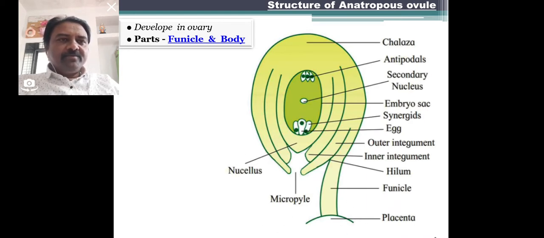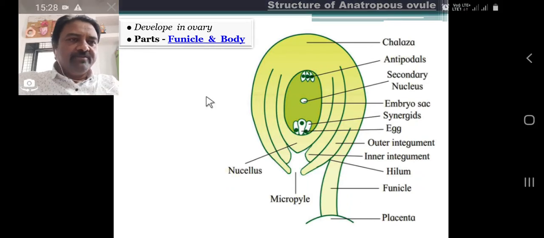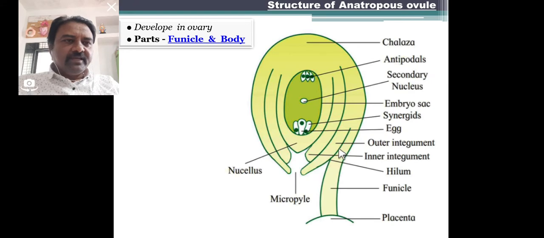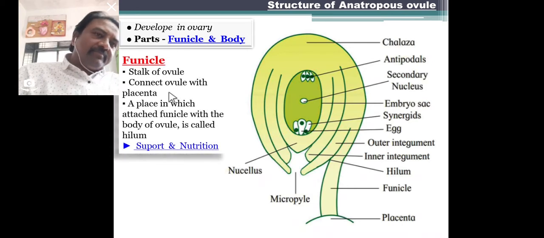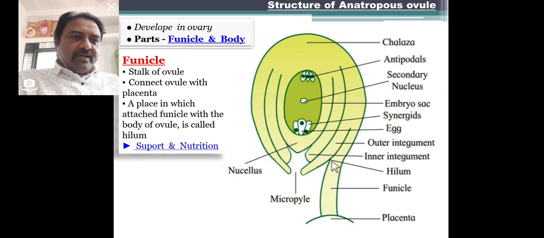Now what is the funicle? The funicle is the stalk of the ovule. Here the stalk of the ovule is seen. It connects the placenta and the body parts. One of the points, known as the hilum, is where the funicle is attached to the ovule.